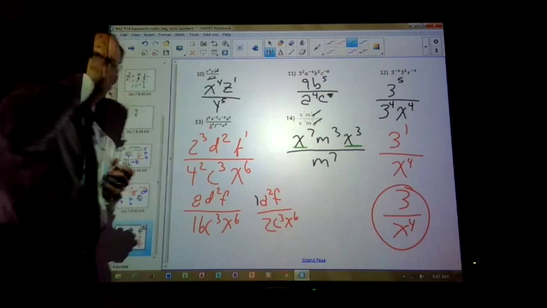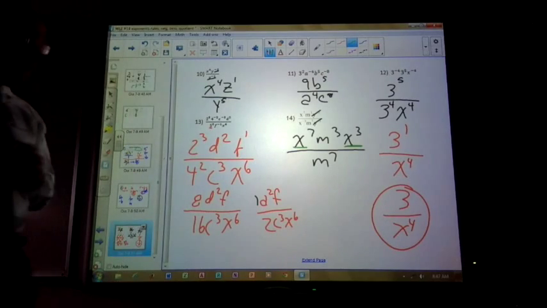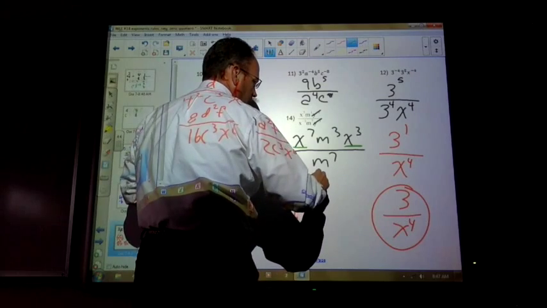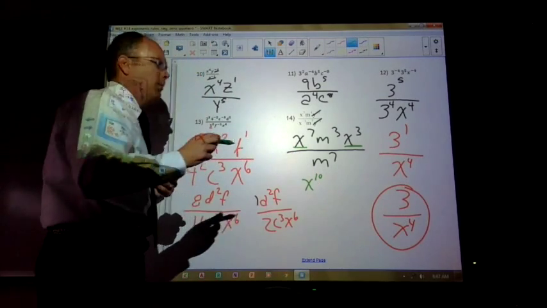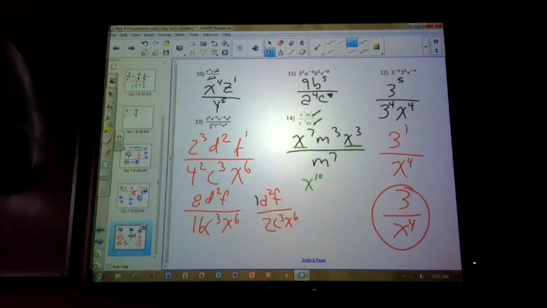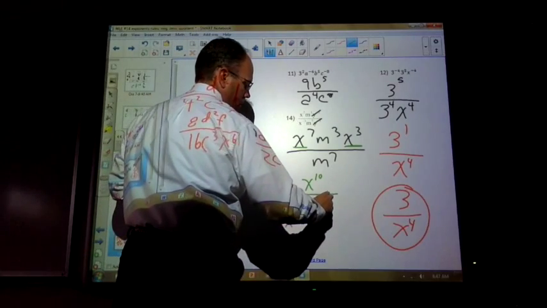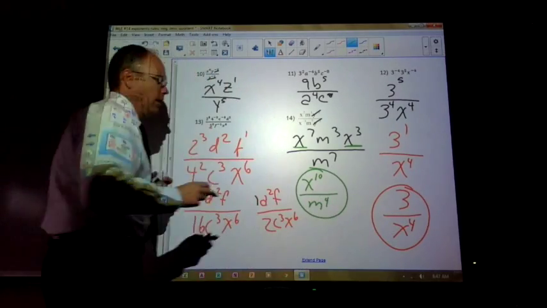So what do I do with the exponents? Add them, so what do I get on top? X to the 10 on top. Now I'm going to create tug of war between the m's. Who wins, in your opinion, top or bottom? Bottom by how many? 4. Done.